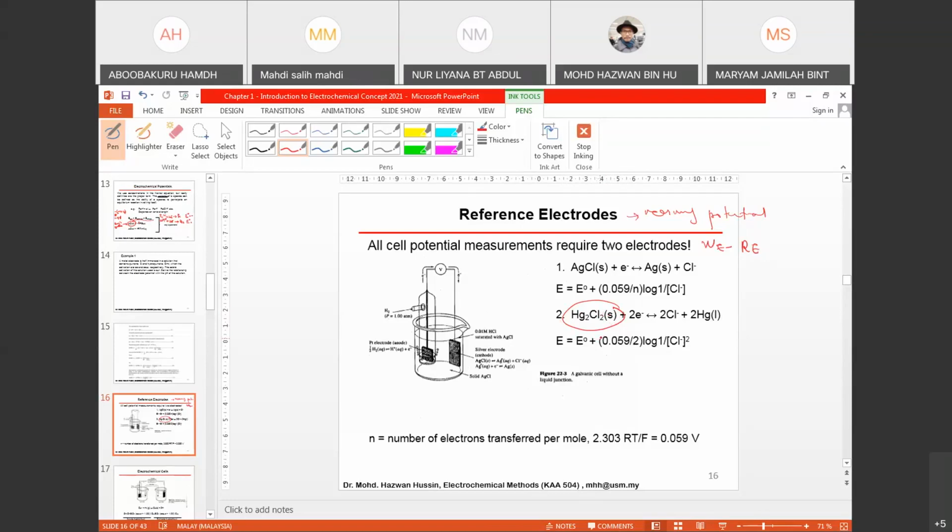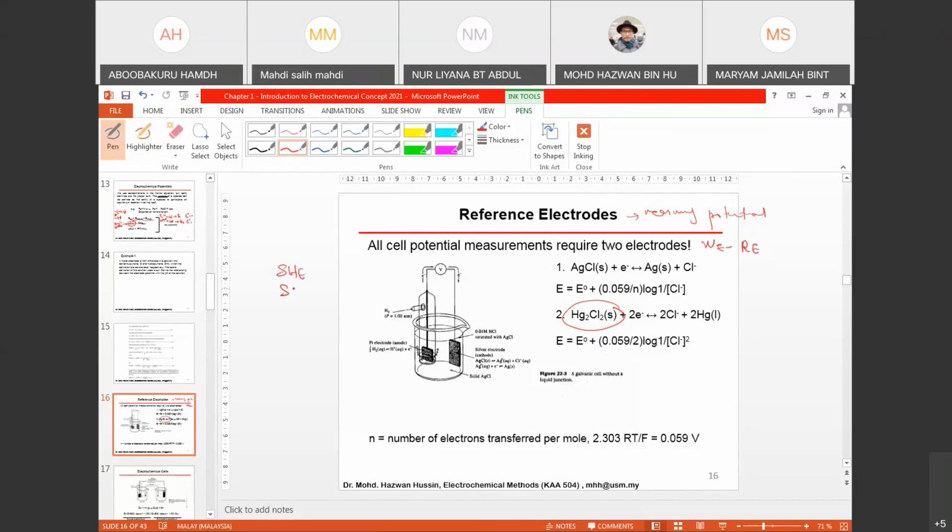If we are talking about electrodes, I think previously I mentioned where you can find mercurous chloride in an electrode, and what kind of electrode do we call that? SCE. Yes, correct. So if you remember, for reference electrodes, we have the standard hydrogen electrode.